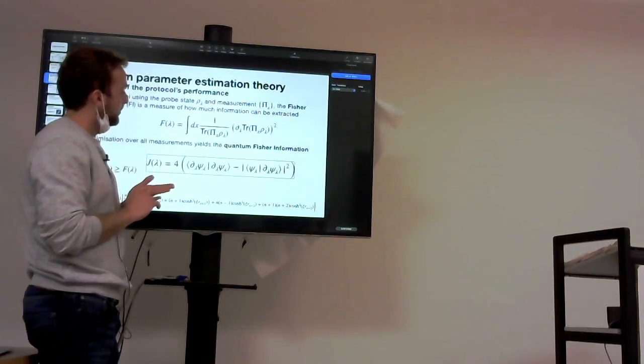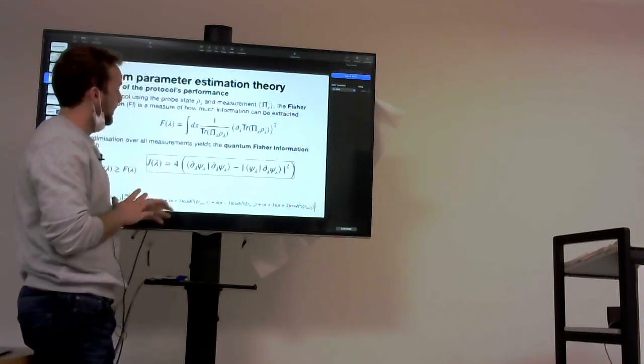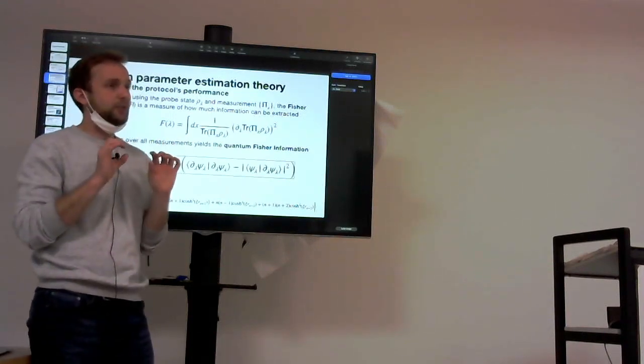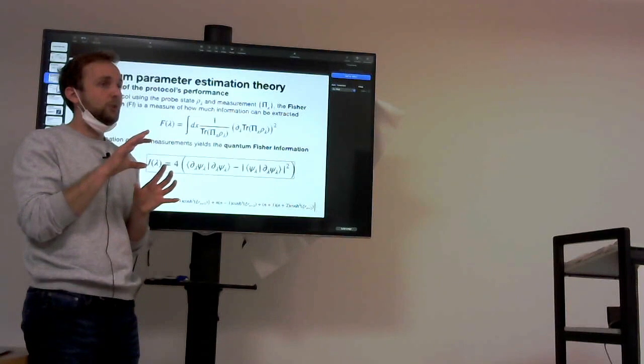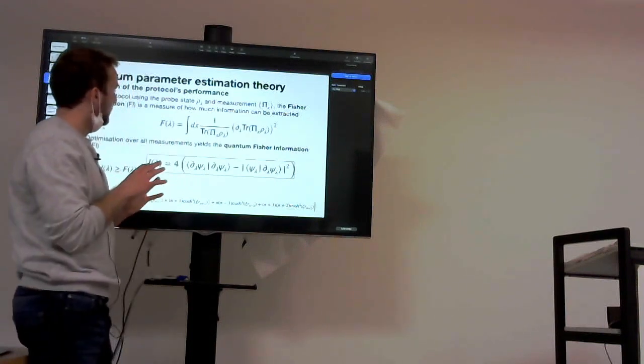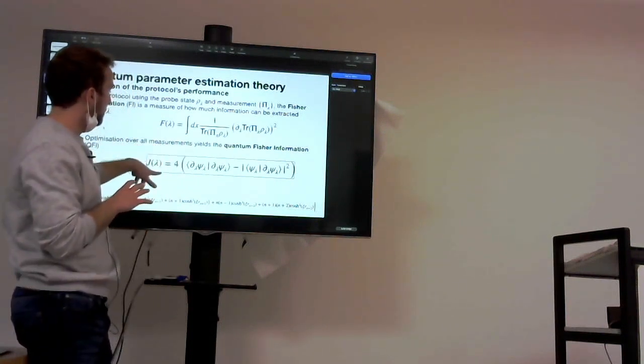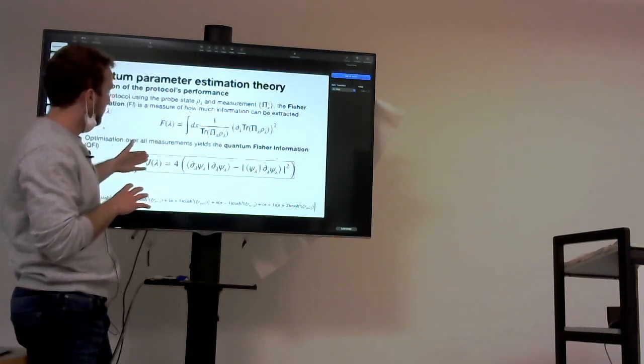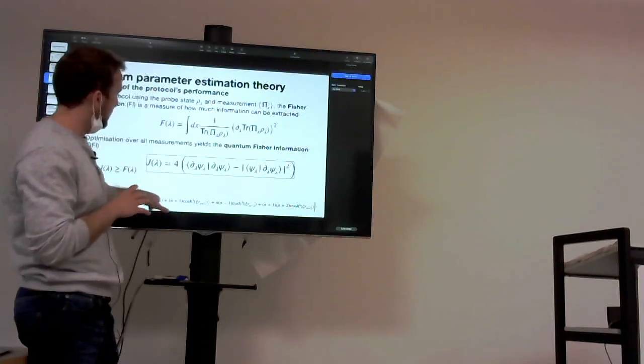Yeah, I mean, with this one particular measurement of frequency resolved photon counting, we get this Fisher information that is equal to the quantum Fisher information, to this thing here.